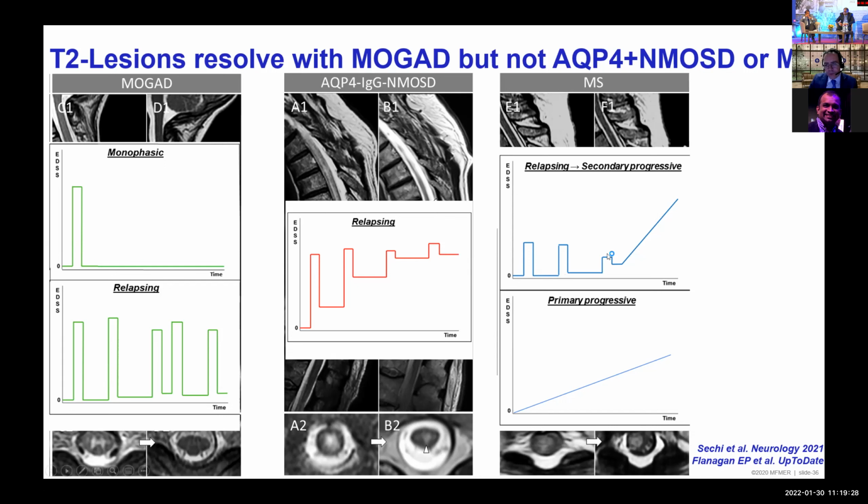But what I would argue is it may be that some of these scars that are left over contribute to this progressive phase, or patients with MS can have just a primary progressive phase. Again, with the aquaporin-4, we don't seem to see this progressive phase either. So I think we can learn something from the radiology, and at least we can speculate that that might be contributing to some of the disability.